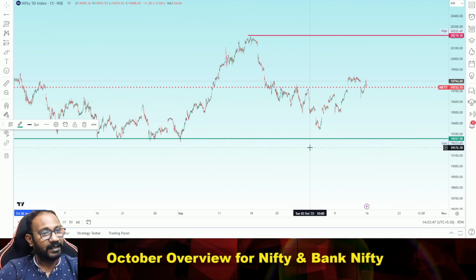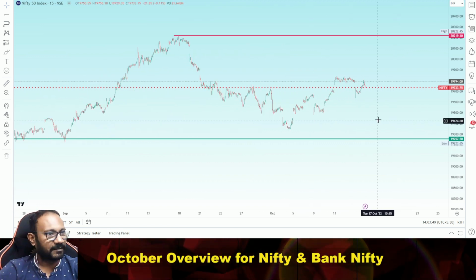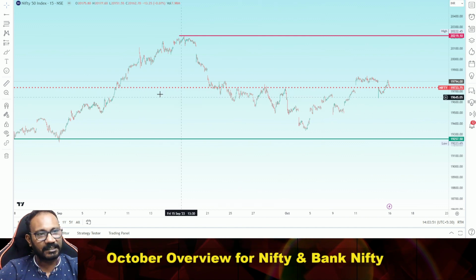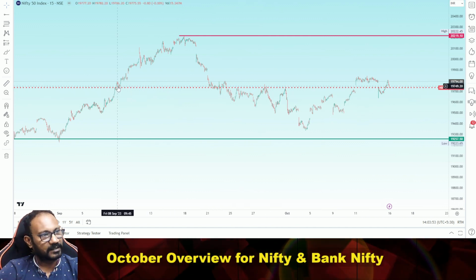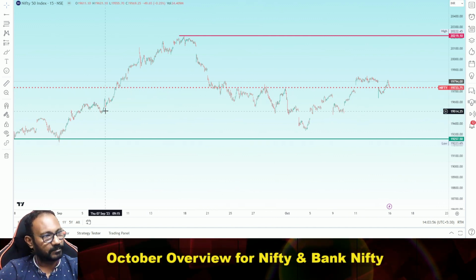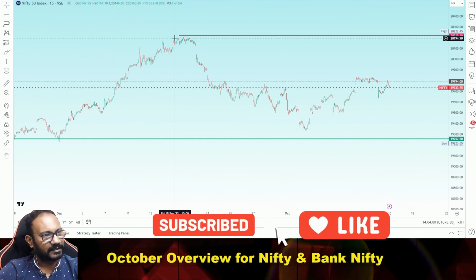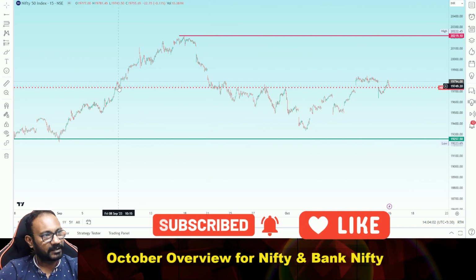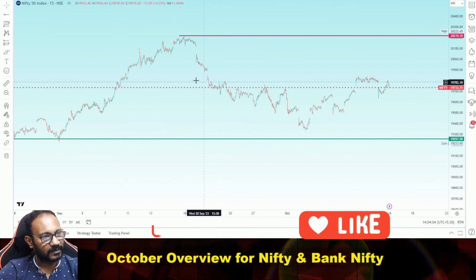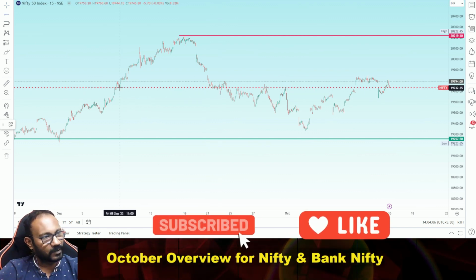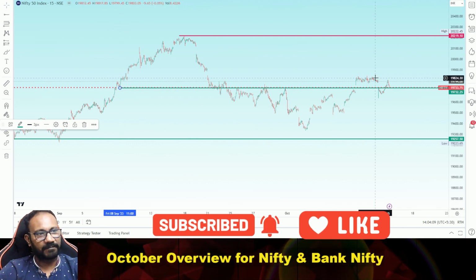If we also look at what's happening in terms of interim targets, then you can see that there is a rally, then a small pullback, it rallied up, and then now we have come back to this level. So this looks like a very strong zone of decision making, right?